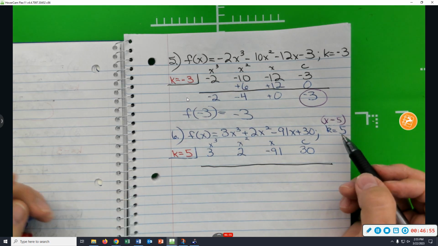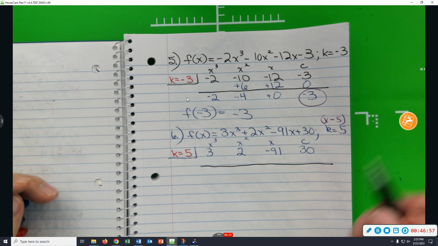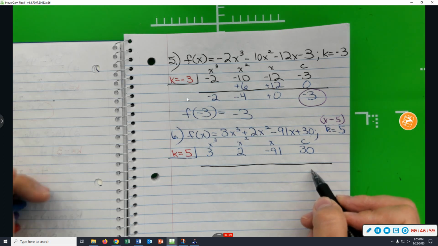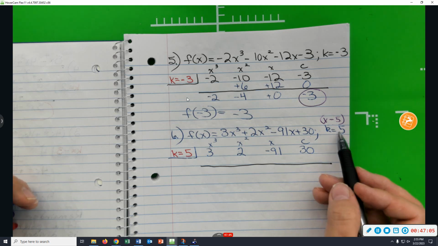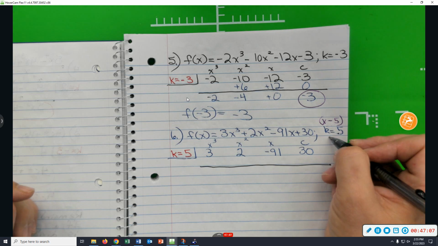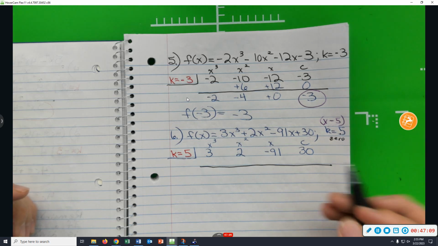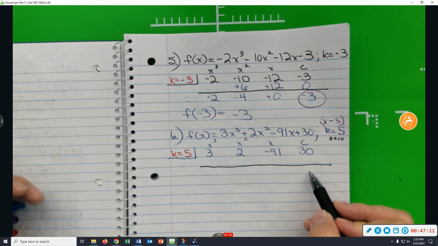They told us k equals 5 is a 0, so I know what this last number right here has to be. The remainder must be, what should it be? k equals 5 is a 0, so the remainder should be 0. If I don't get a 0 down here, then I've done something wrong.